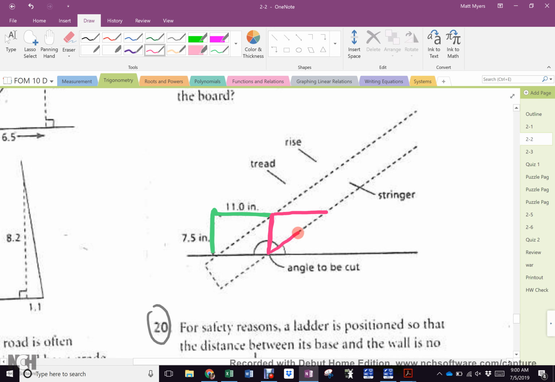So now I have this triangle, yes? How big is this peachy angle? Just the peachy side. How long is that?